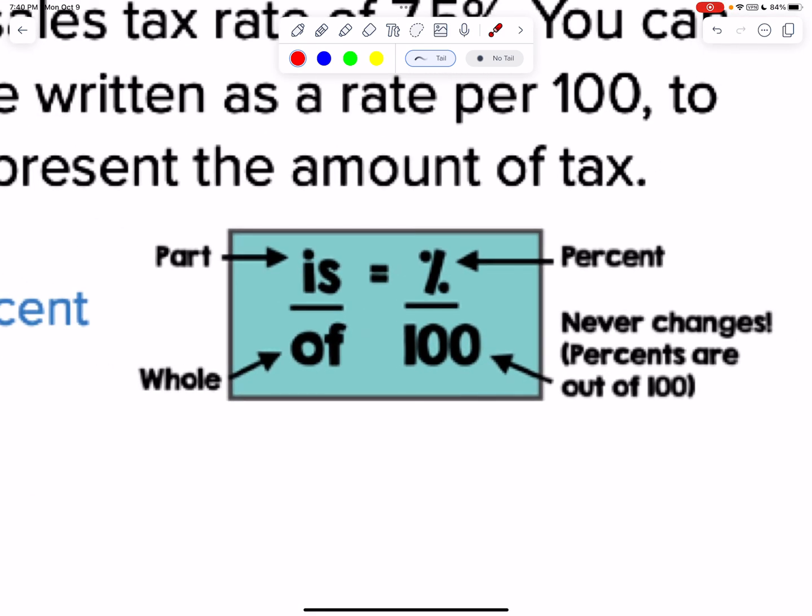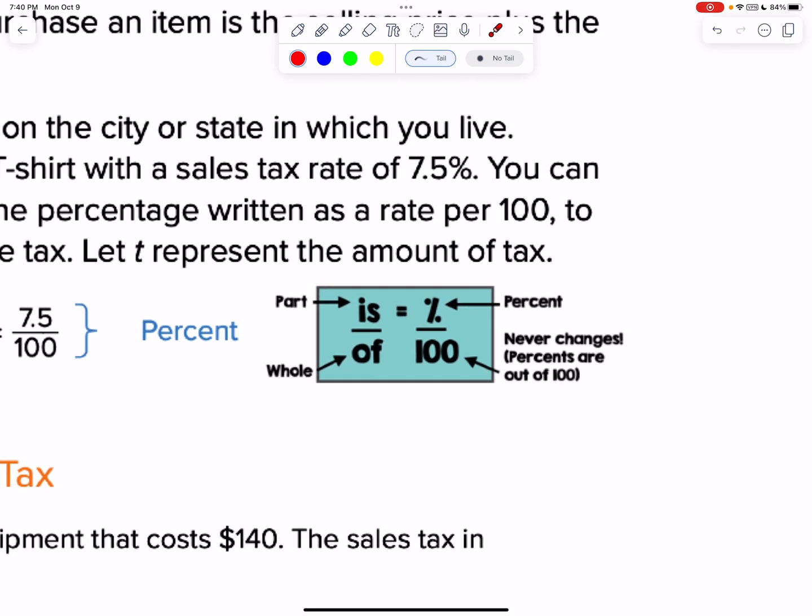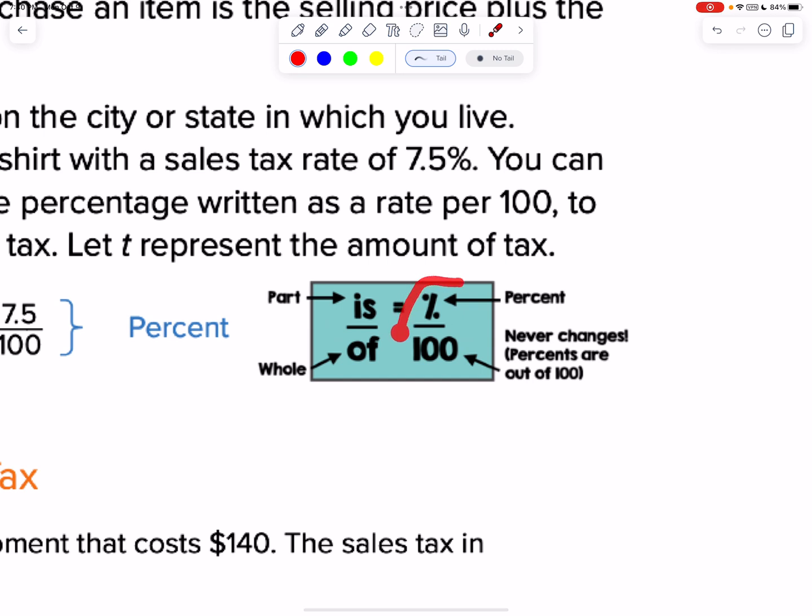This is the visual I want stuck in your brain for all these kinds of problems. It's is over of equals percent out of 100. And this section is the percent. Remember, percents are always out of 100.